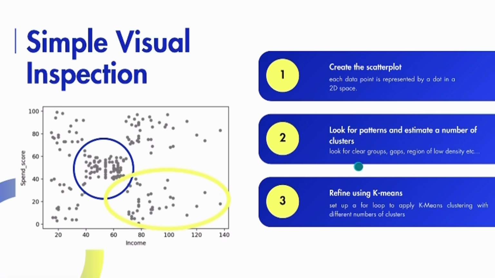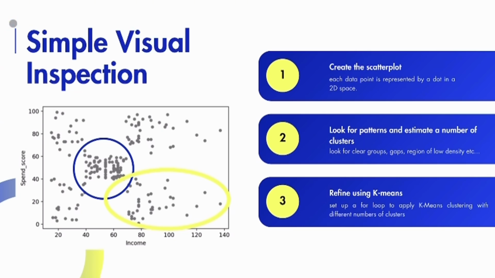Then look for patterns and estimate a number of clusters. So you should look for clear groups, gaps, regions of low density. Here, for example, we could consider one cluster, a second one, a third one, the fourth one, and the last one here.